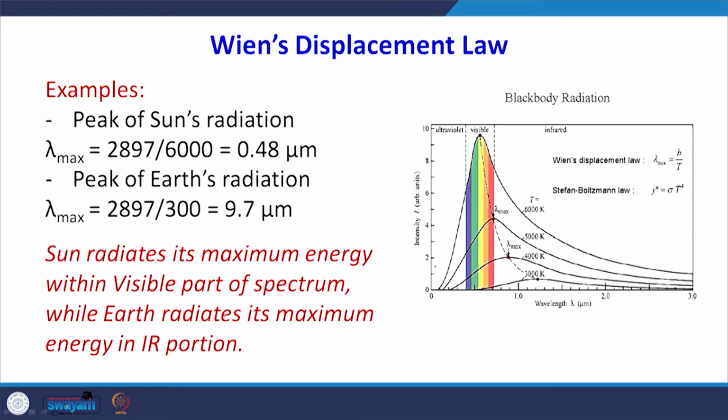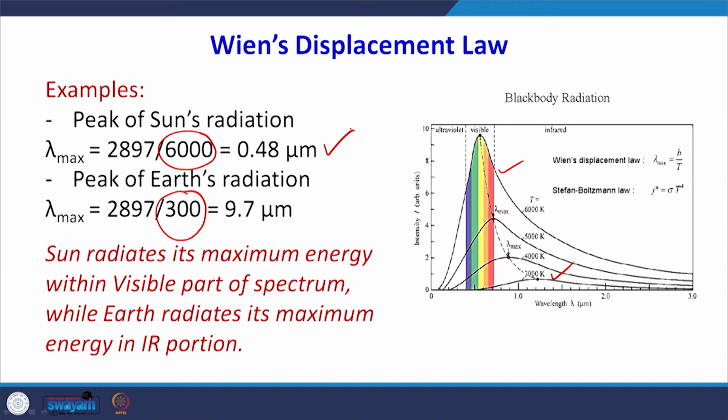Now this is one example which shows the peak at different temperatures, at earth temperature and at sun temperature. We have taken 6000 K as the temperature of the sun body and 300 K as the earth radiation, and if we put these into the Wien's displacement relationship, the maximum peak will appear at the 0.48 micrometer wavelength region.